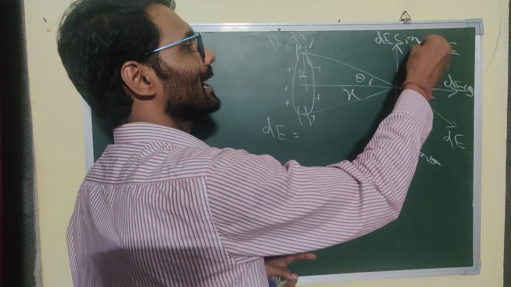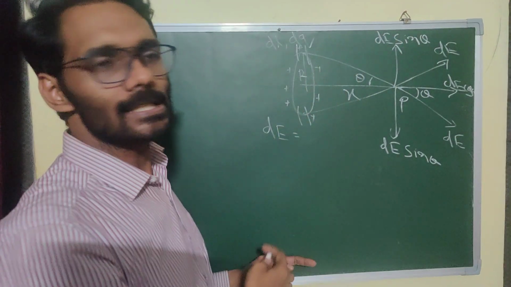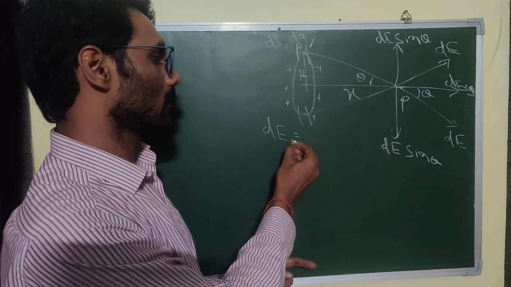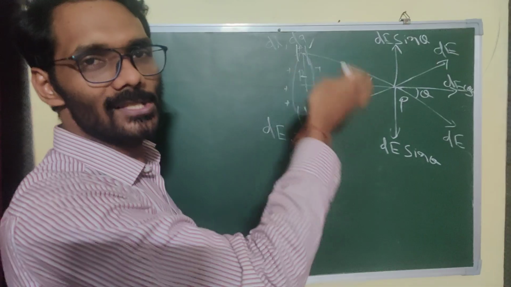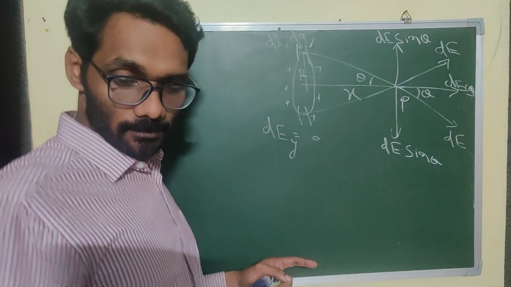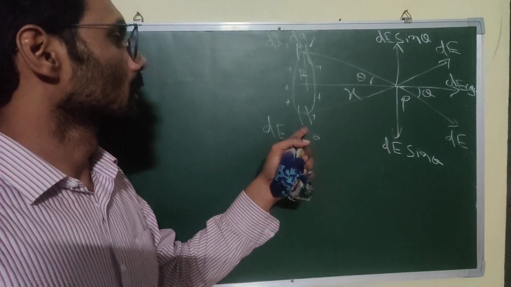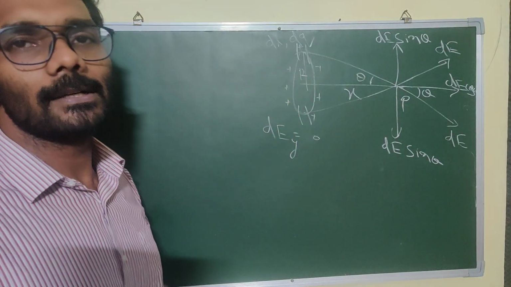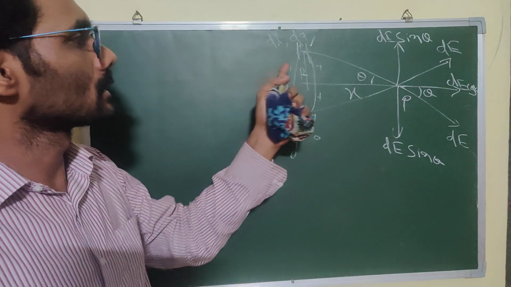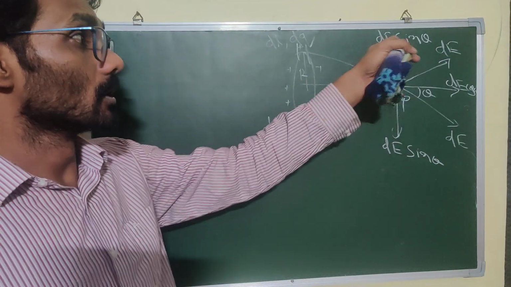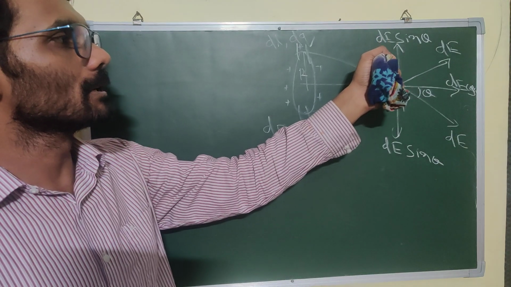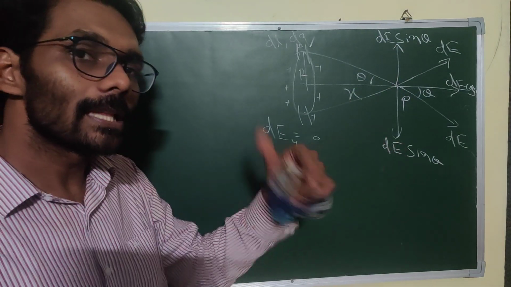So the dE sin theta components are cancelling each other. So net electric field along the y direction is equal to 0, as all the electric field components are cancelling each other. If we take two length elements, or if you take 4 length elements here, upside 2 dE sin theta, downside 2 dE sin theta.